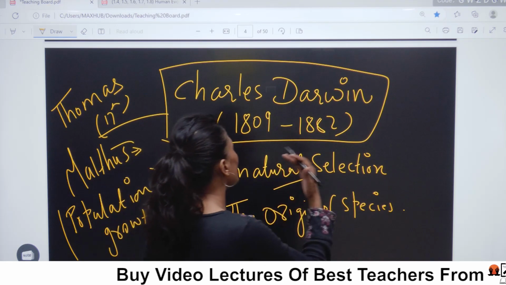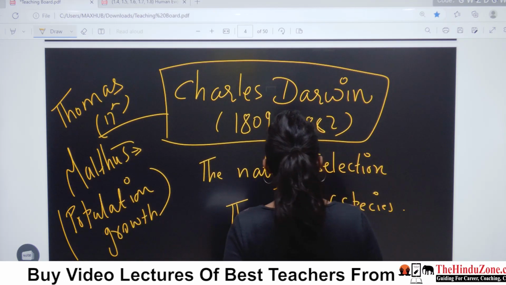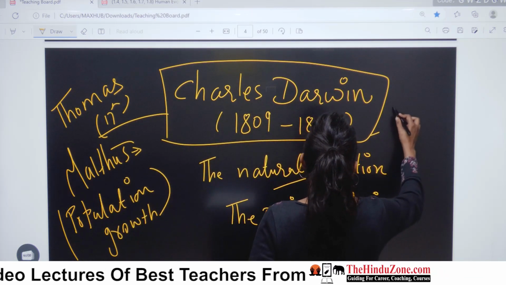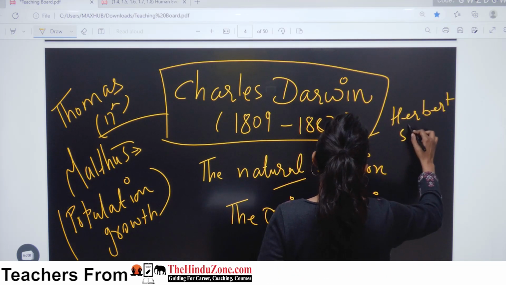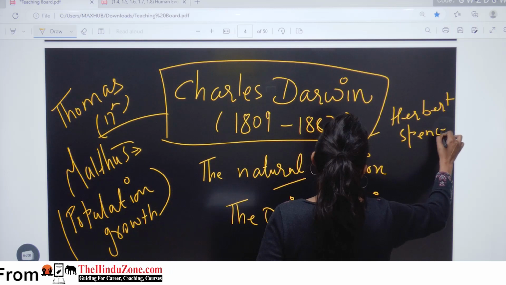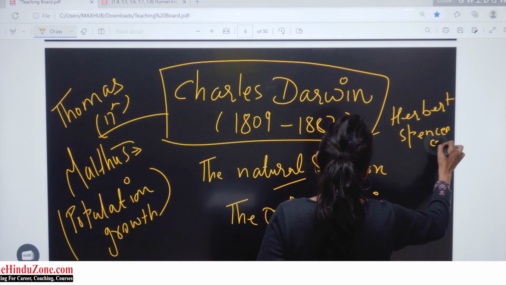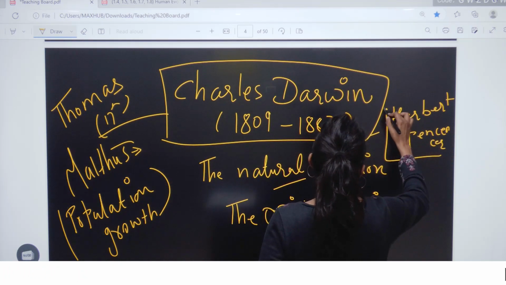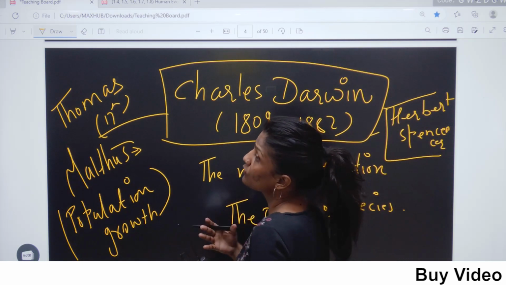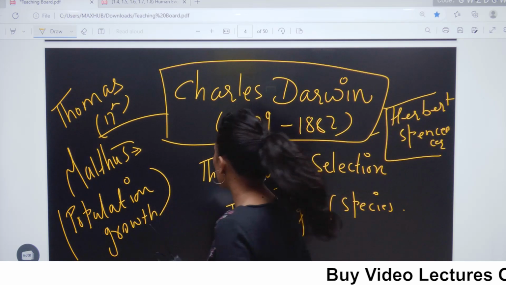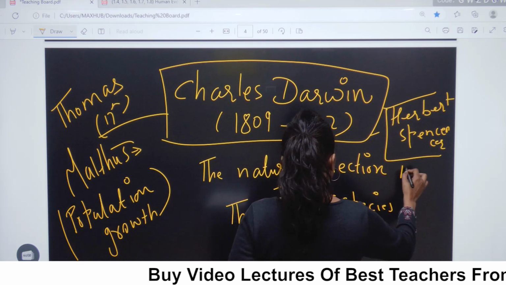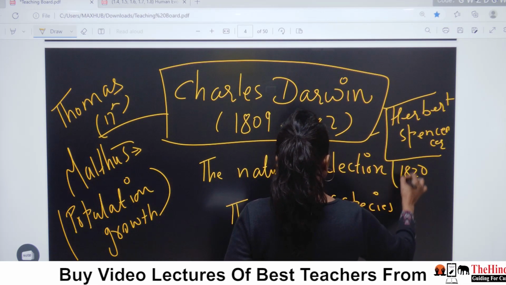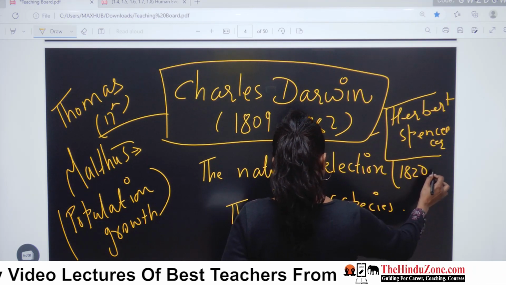And then there is another very important thinker, Herbert Spencer, important for understanding social cultural theories of evolution, which is the sixth topic in paper 1. Herbert Spencer was born in 1820 and died in 1903.